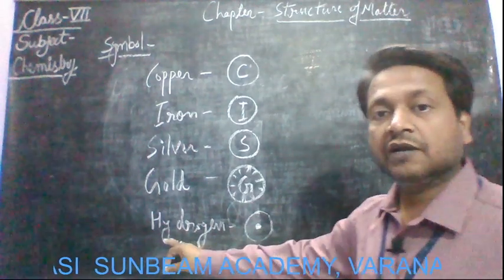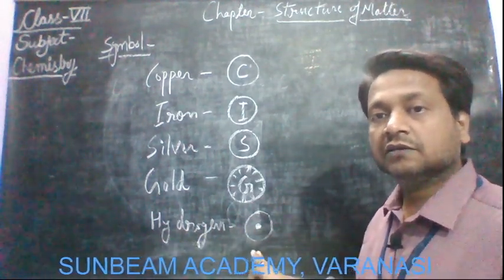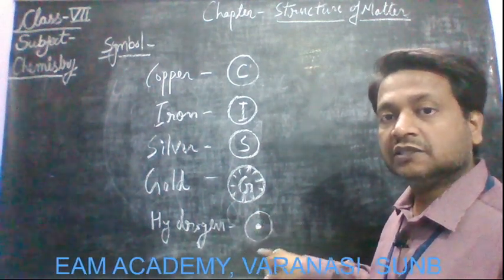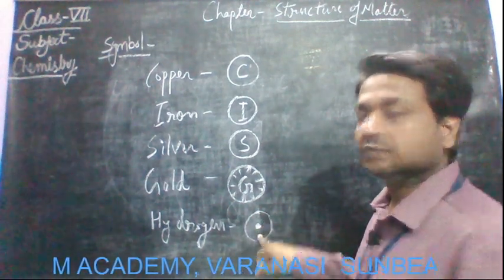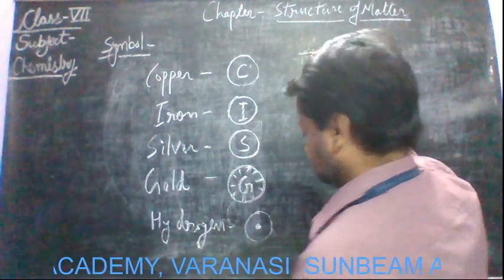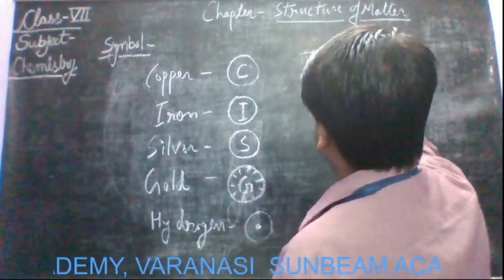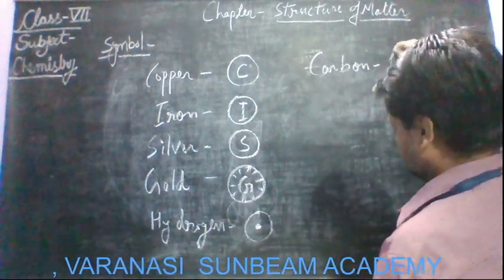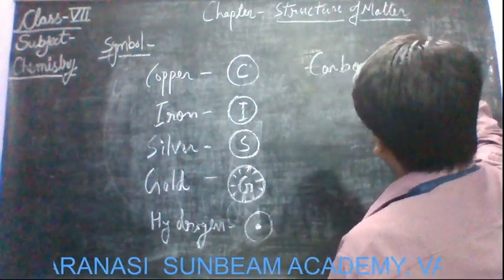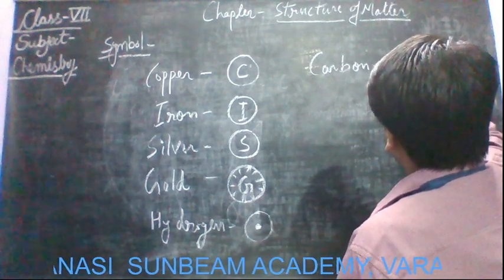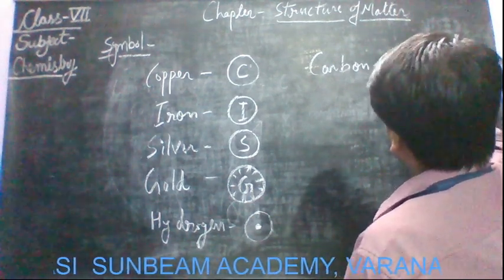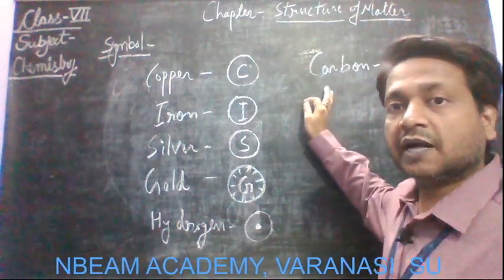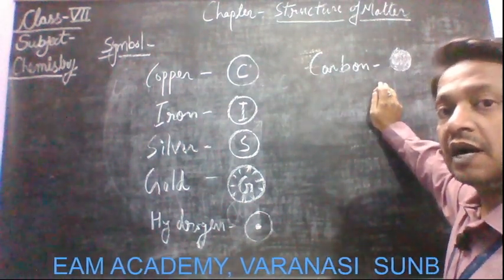To indicate hydrogen, the sign which is used is a dot mark inside a circle. And the sign which is used to represent carbon is a dark circle.